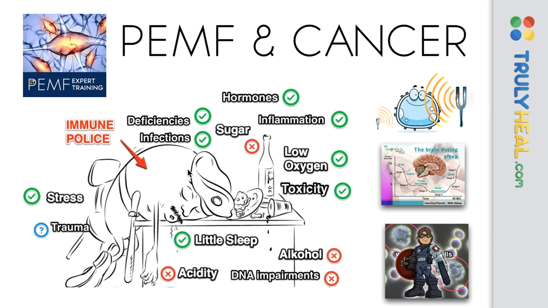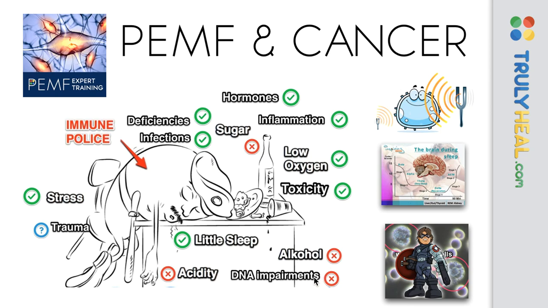And we try to visualize things so that everybody can understand it, but when you look at what PEMF can do here, it decreases deficiencies, it decreases the infections, it activates your hormone glands to work properly, it reduces inflammation. It doesn't have an effect on what you eat. So if you keep eating junk food and lots of sugars and lots of carbohydrates, it won't change that. That's no influence. But oxygen uptake, toxicity, we know, alcohol, the same as sugar.